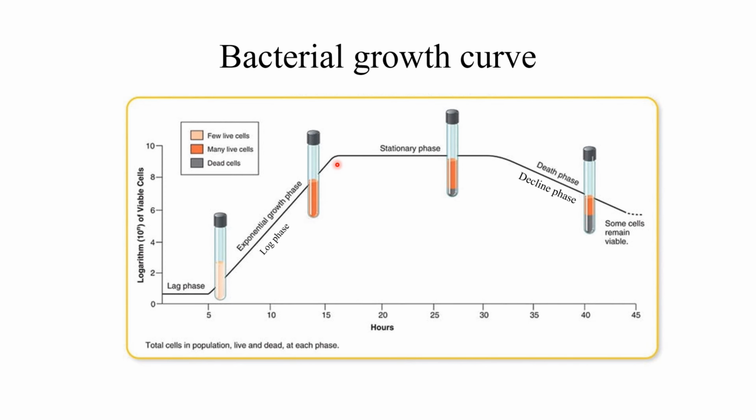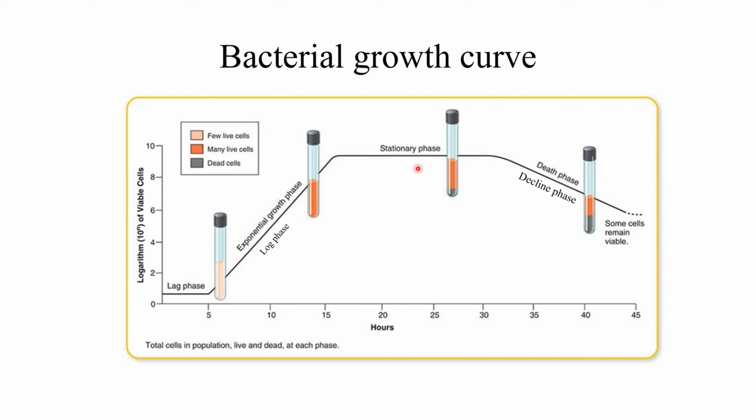Just after the exponential phase, this is the stationary phase. In this stationary phase, you can see the viable count will be stable because the number of newly dividing bacteria will be equal to the death of the bacteria. There is no increase in the viable count because during the stationary phase there will be nutrient depletion.